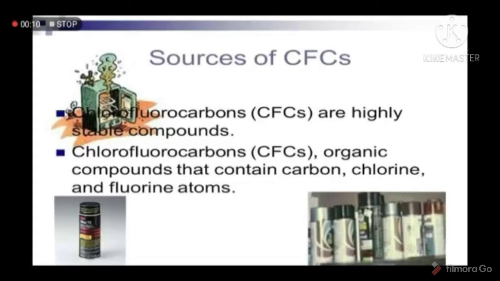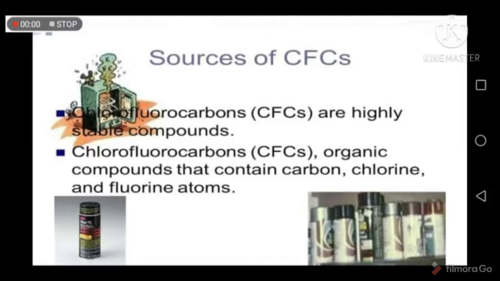So let's proceed to chlorofluorocarbons or CFC. Chlorofluorocarbons are highly stable organic compounds that contain carbon, chlorine, and fluorine atoms. For example, refrigerators and air conditioners are the most common emitters of chlorofluorocarbons.